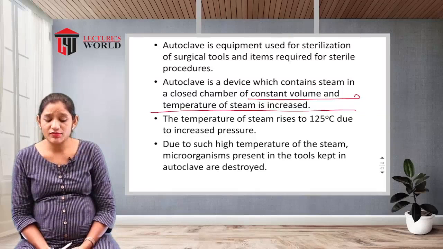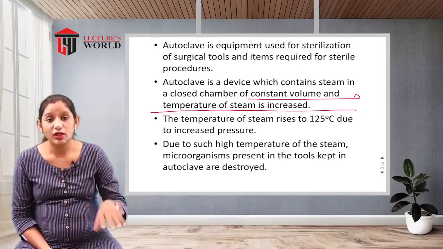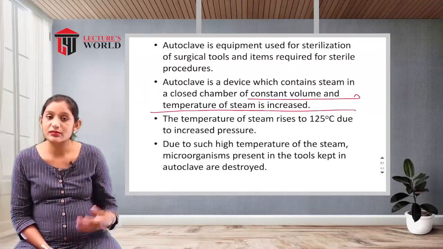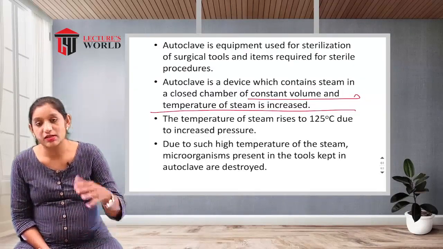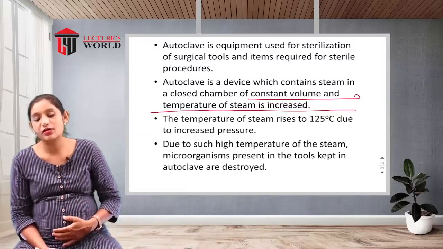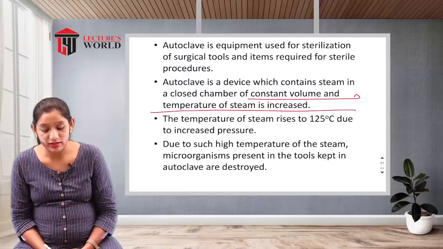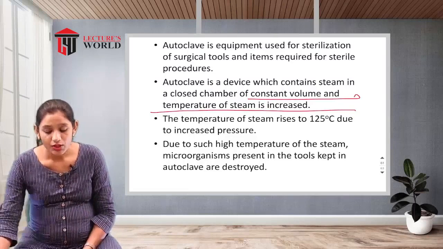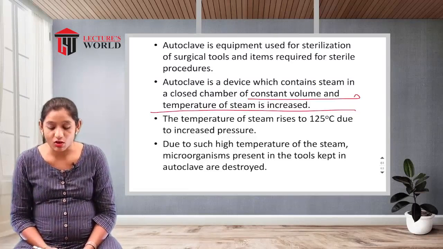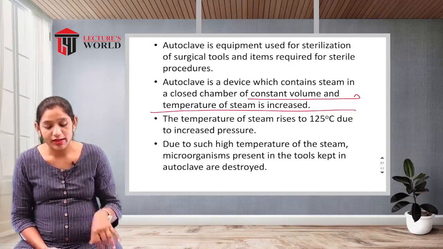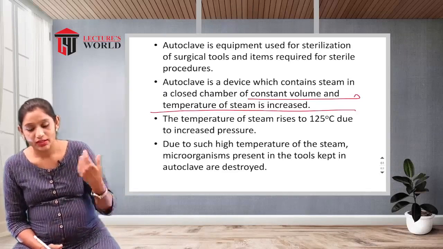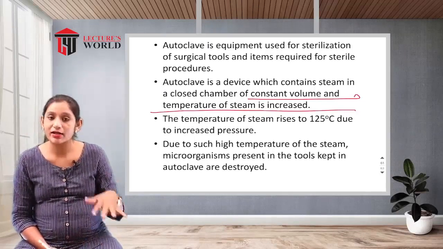The temperature of steam rises to 125 degrees centigrade due to the increase in pressure. Due to such high temperature of the steam, microorganisms present in the tools kept in the autoclave are destroyed.